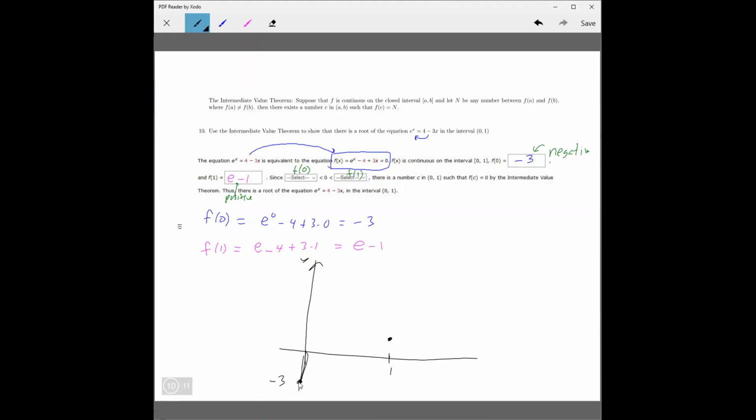We know that these 2 points are points on the graph of y equals f, or y equals e to the x minus 4 plus 3x. If you put in a 0, we get -3. If we put in a 1, we get e minus 1, right? So that's why we got these 2 points right there. Now this function between here and here, at some point, it's got to cross this.